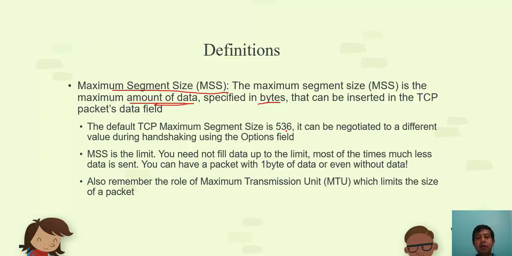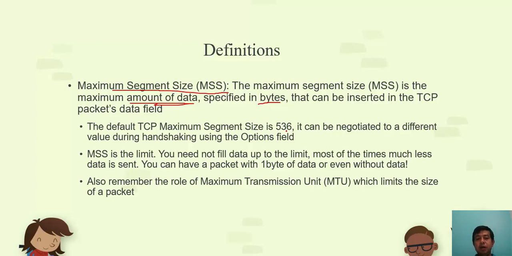So if both parties agree, they can use a different maximum segment size. But again, this will depend on their processing capabilities. If they can use a bigger maximum segment size, they can always use it. But the default TCP maximum segment size is 536.